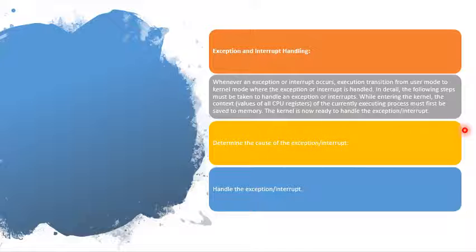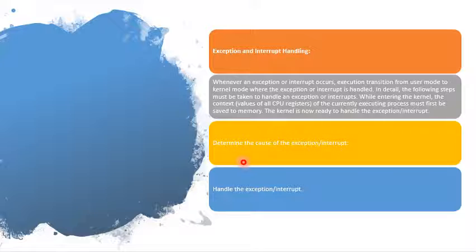Currently the operating system will be running something, so that address or status will be stored in the CPU register. After servicing the exception or interrupt, it can come back and return to the main program.